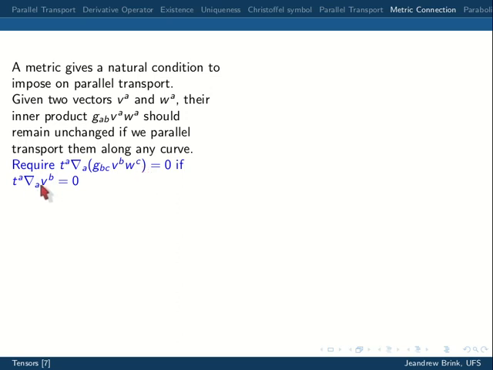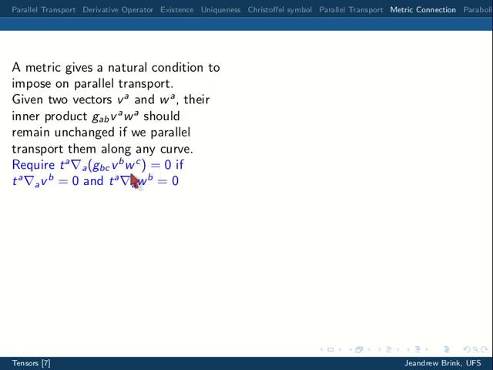So what we're going to do is parallel transport vector V along the curve and parallel transport vector W along the curve, and then we require that the contraction of them doesn't change.